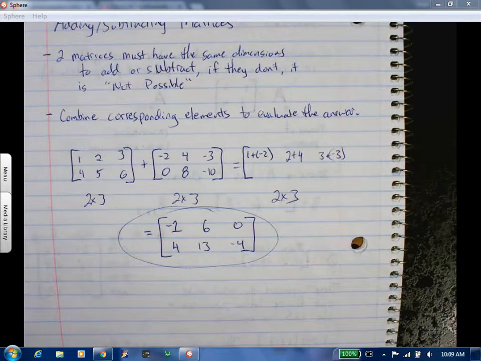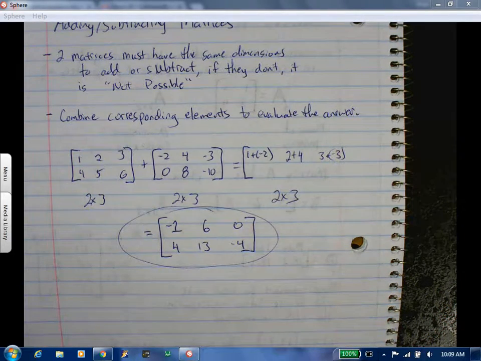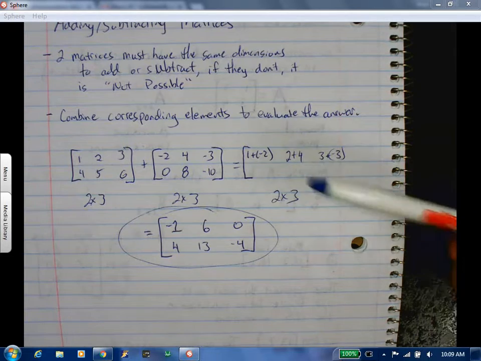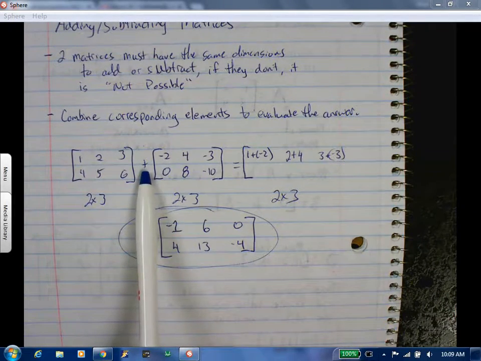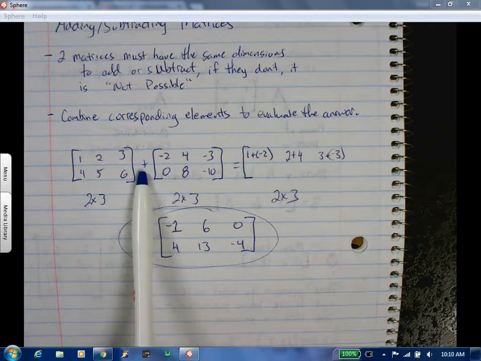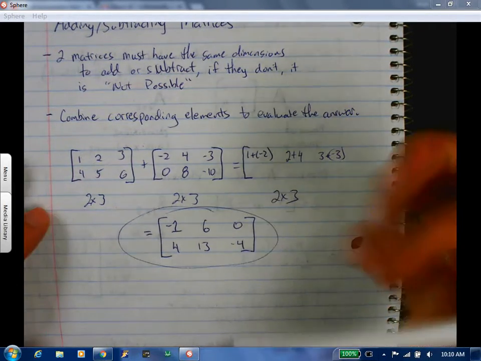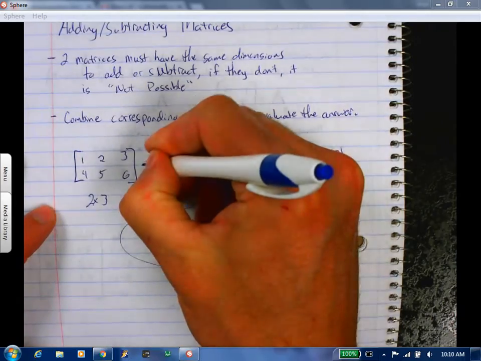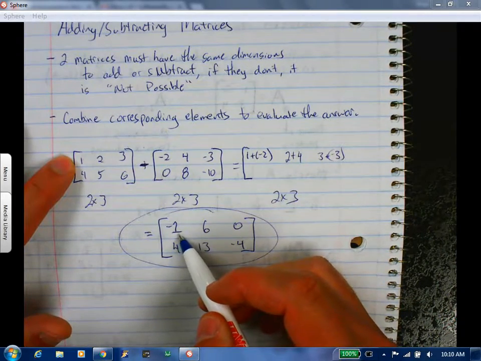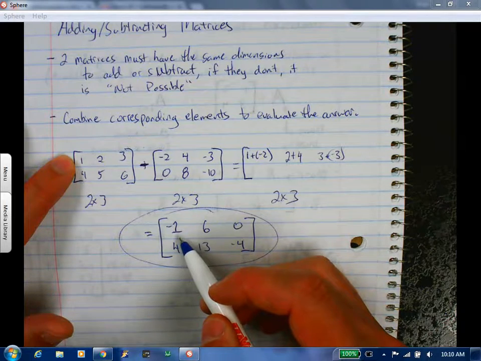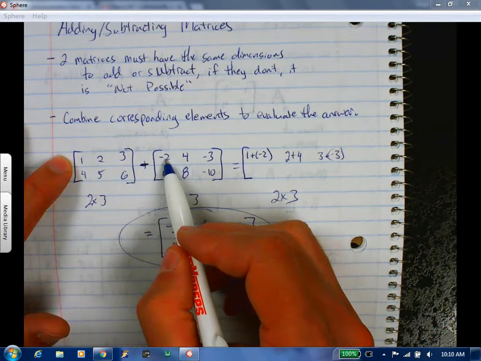So if this was a minus sign up here, what would be your first element? 3. Because it would be 1 minus a negative 2. So if it's a minus sign, just be careful of minusing a negative, which switch that back to a plus sign. Just like adding a negative is basically subtraction. Minus a negative is addition.